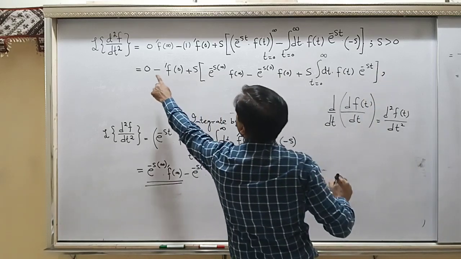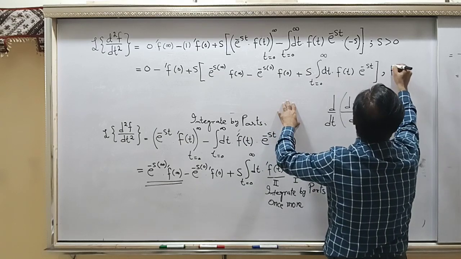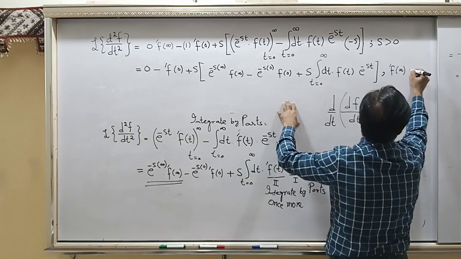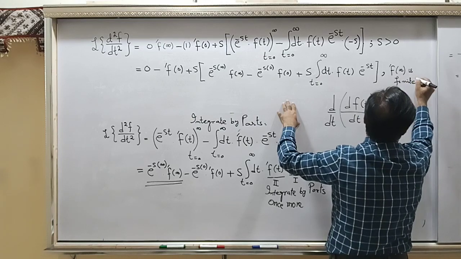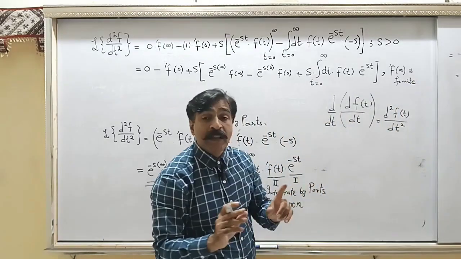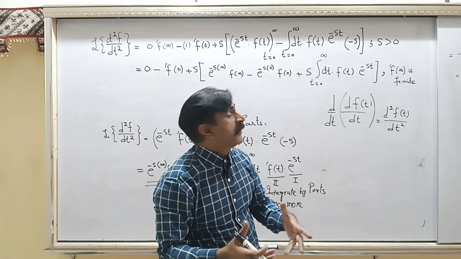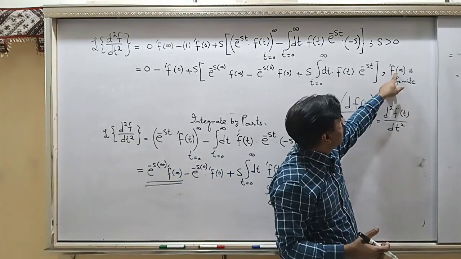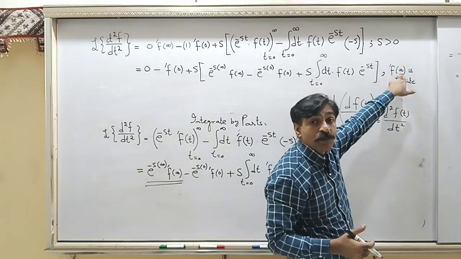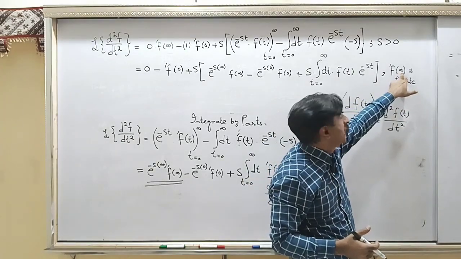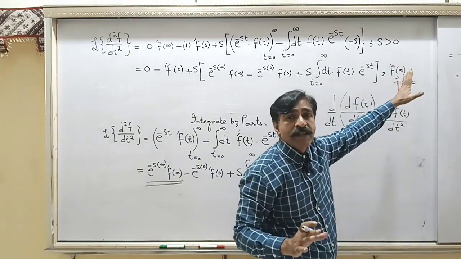And now this factor has been made 0 because f prime infinity is finite. f prime is a continuous function, which means f prime has a finite value, for whatever t we use, even as t goes to infinity. The important thing is that f prime is finite.